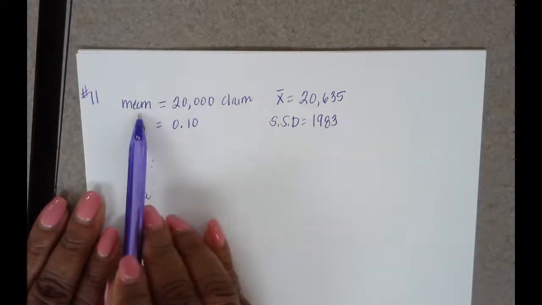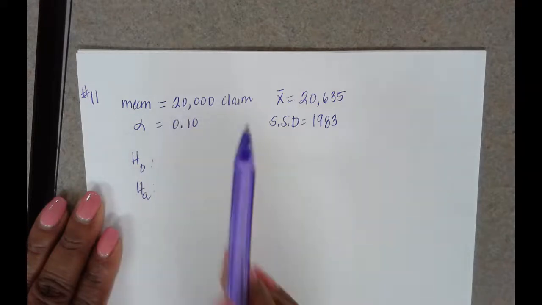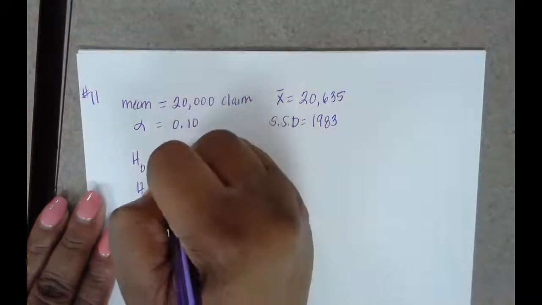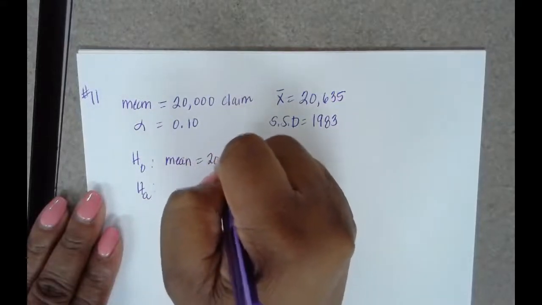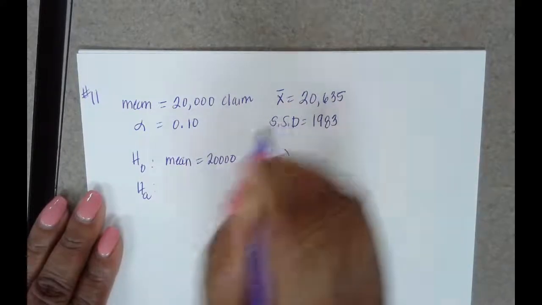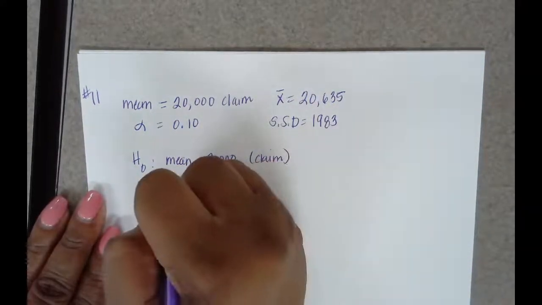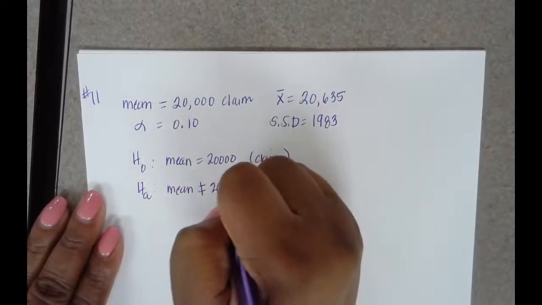I see that in the context, the mean is equal to $20,000. That equality means that that is my H0, also my claim. So the complement to that would be that the mean is not equal to 20,000.